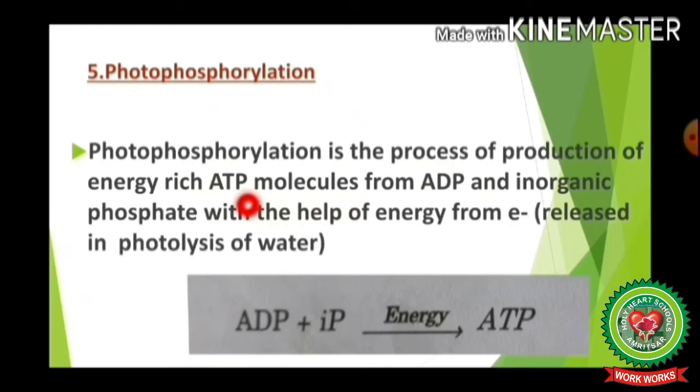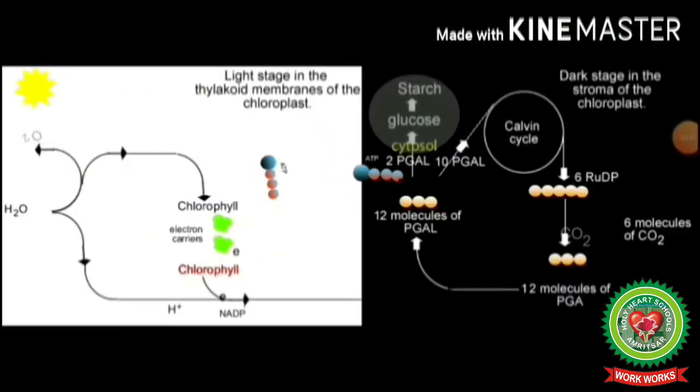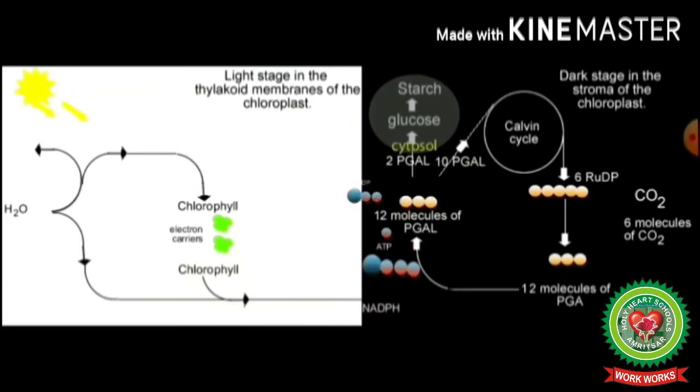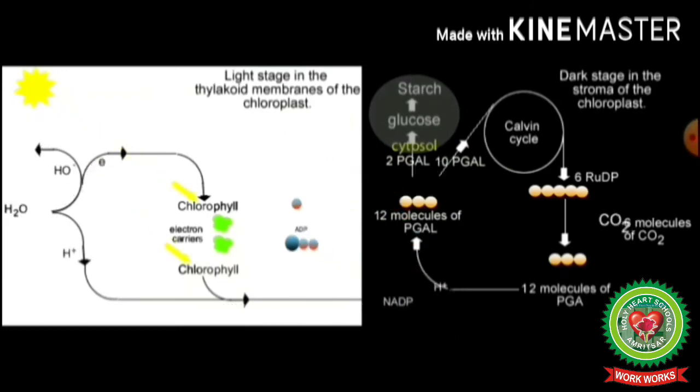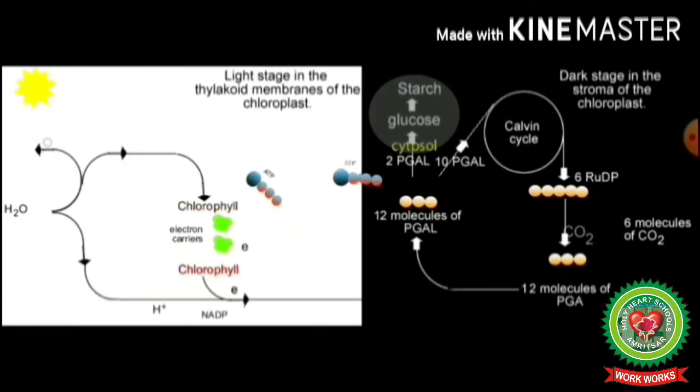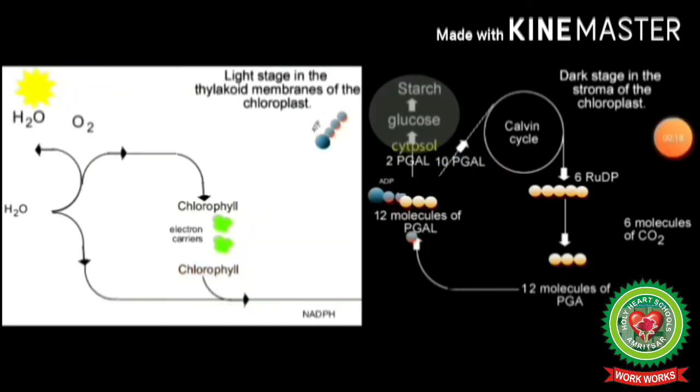ATP full form is adenosine triphosphate, from ADP, that is adenosine diphosphate, and inorganic phosphate with the help of energy from electrons released in photolysis of water.